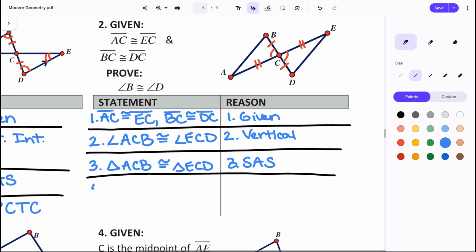Okay, but we're not quite done. How do we finish this off? What's my last statement? The word. That's my reason. What is it? Good.